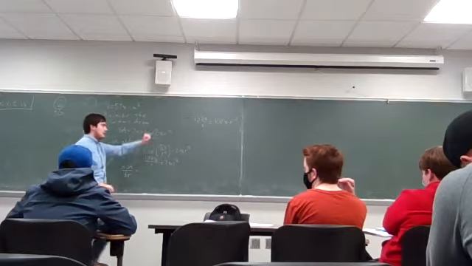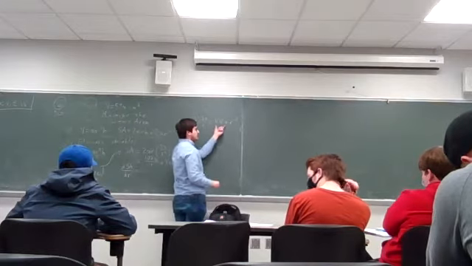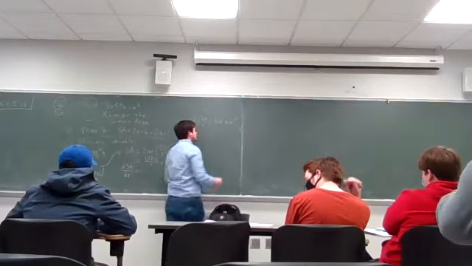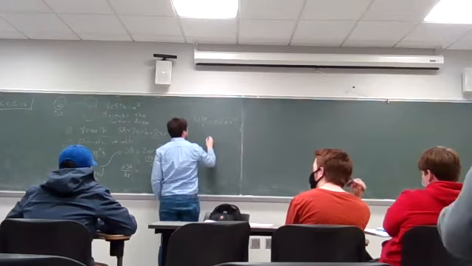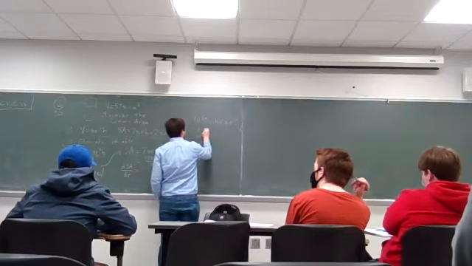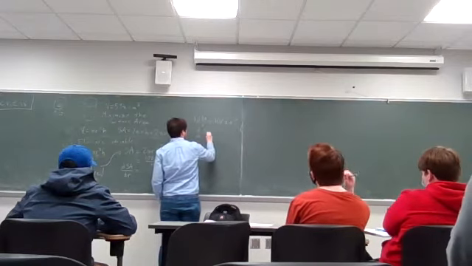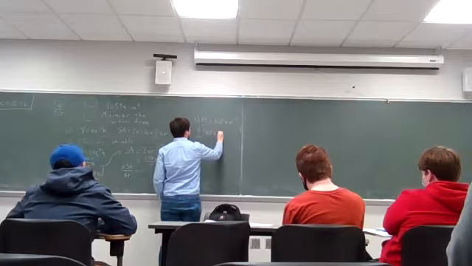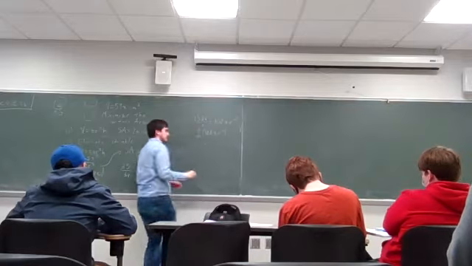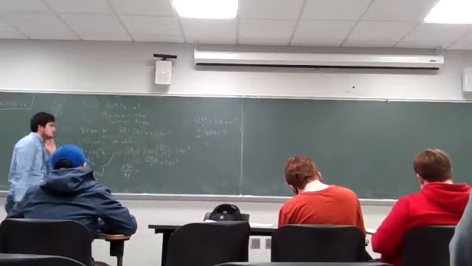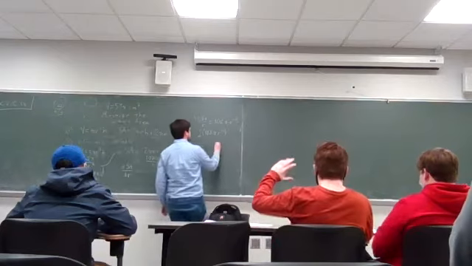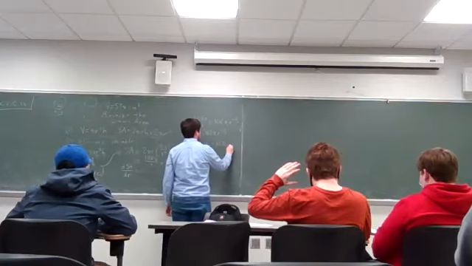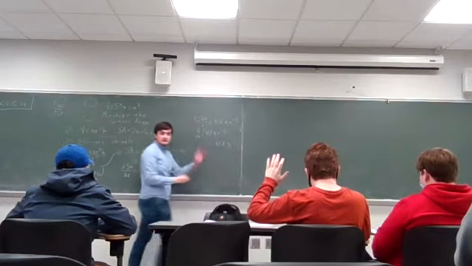So now I just have a number times r to the negative first power. How do I take the derivative of that? Use power rule, right? What's the derivative going to be? Awesome. So it'd be negative 108 pi.